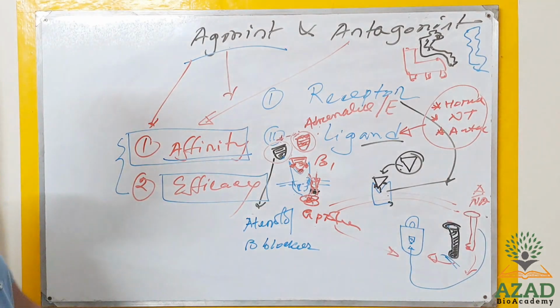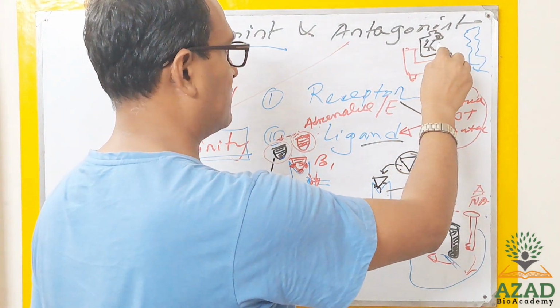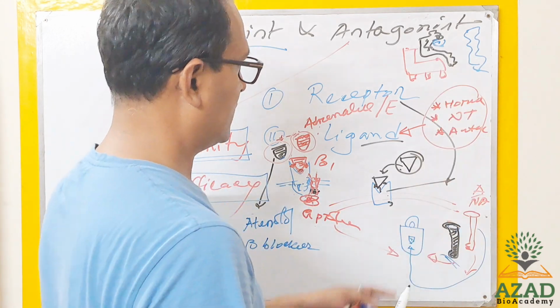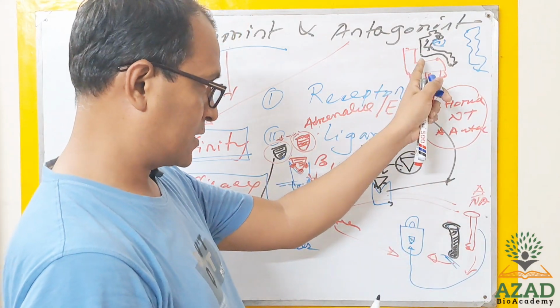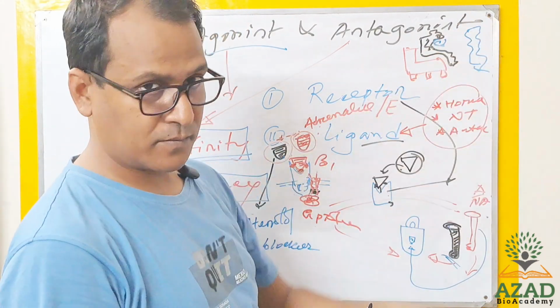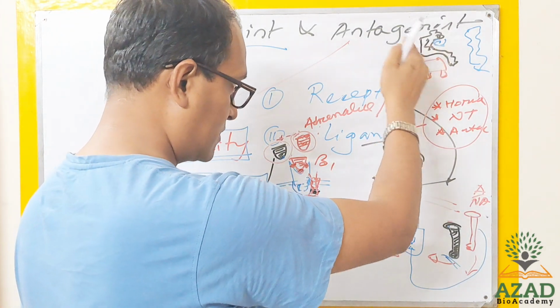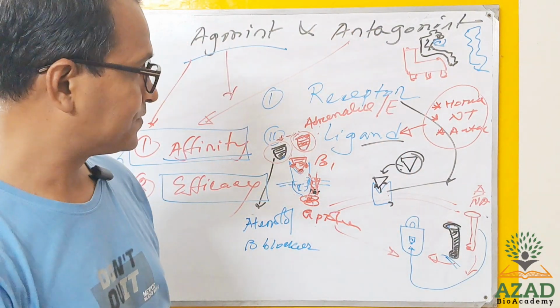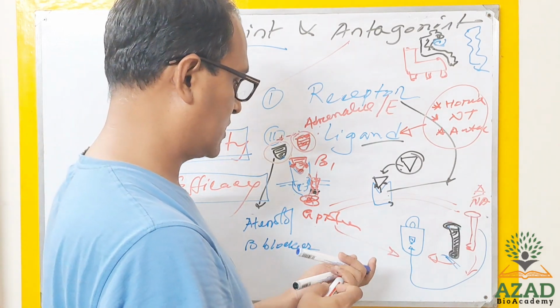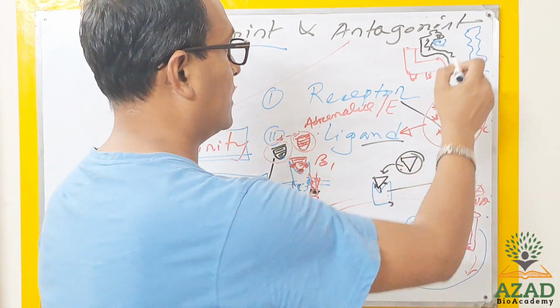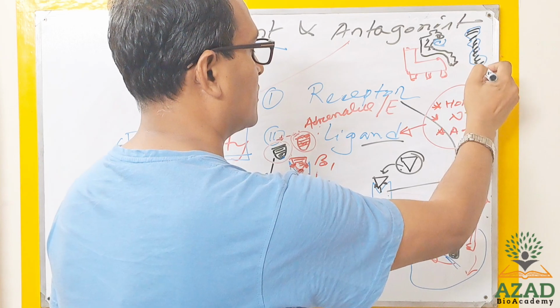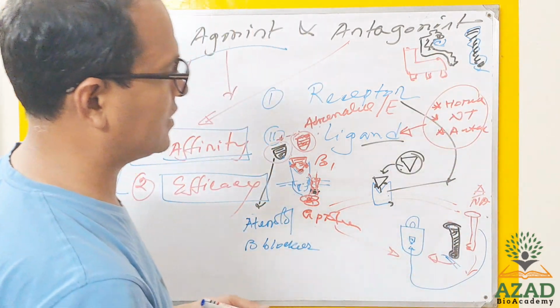And if you think this one is the chairman, he will be able to sit and perform the official work as a chairman by sitting on the chair. And if you think this one is a peon, the peon has no ability.